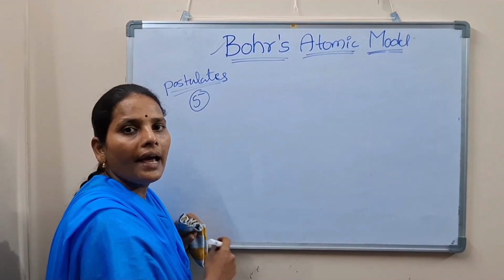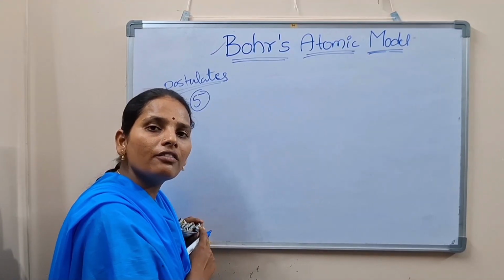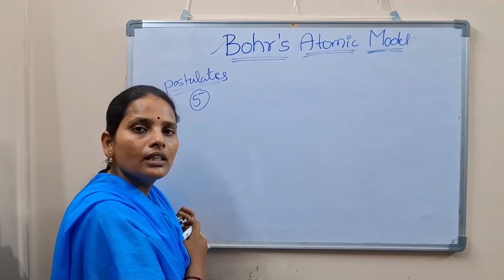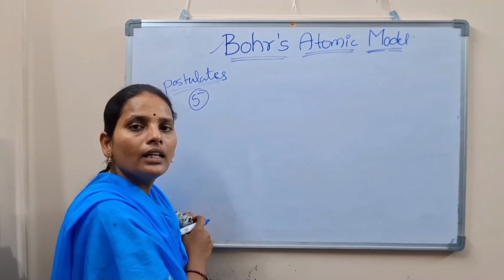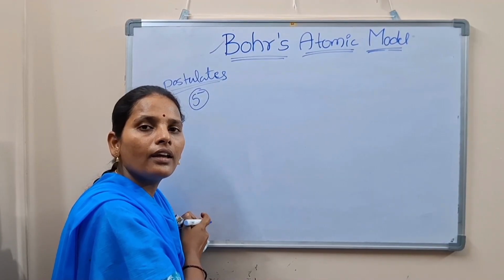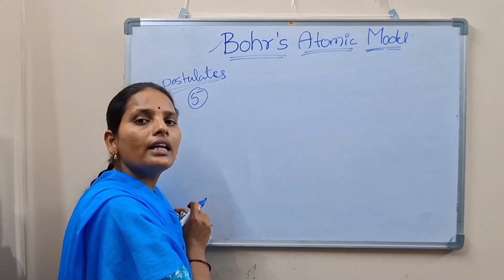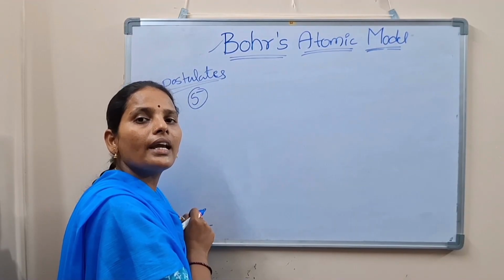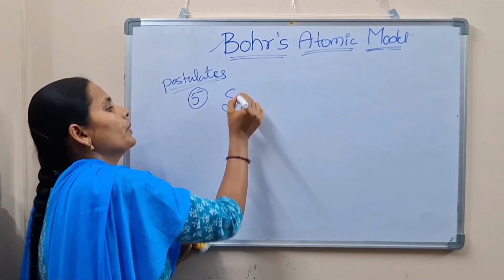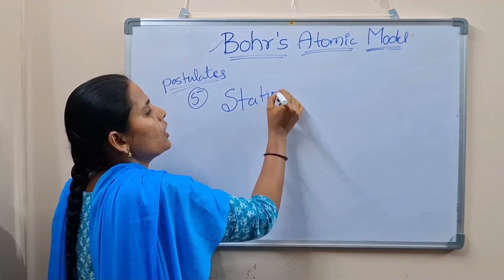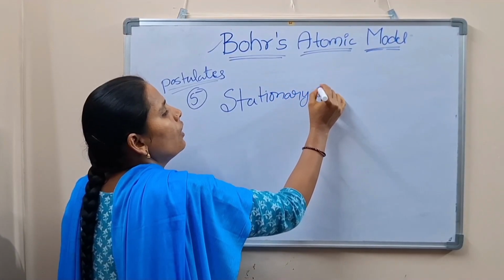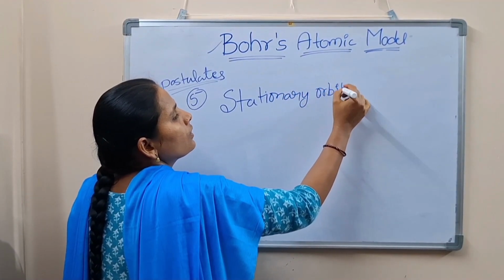Fifth point: as long as the electron revolves around the nucleus in a fixed orbit, it neither loses energy nor gains energy. That's why these energy levels are called stationary orbits.